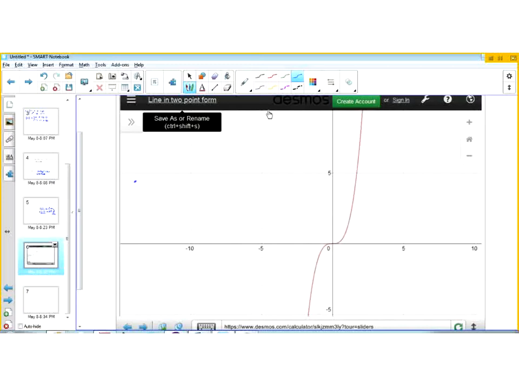So here's y equals x cubed. And what odd symmetry means is that if we pick a point on the graph here, oh, by the way, this is y equals x cubed, okay? So if we pick a point x, y on the graph, then its symmetric counterpart will be negative x, negative y.